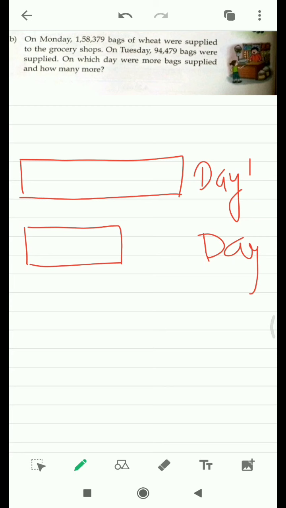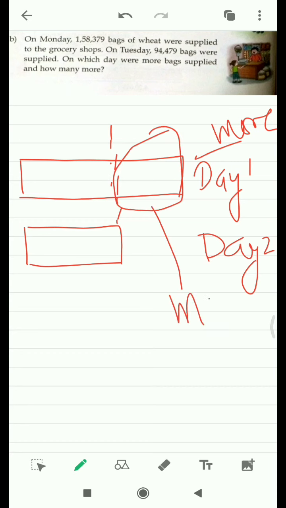Now can you tell me on which day it's more? It's more on this day, right? How much more? It is this much more.